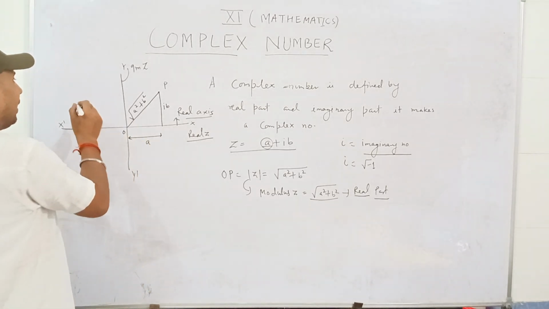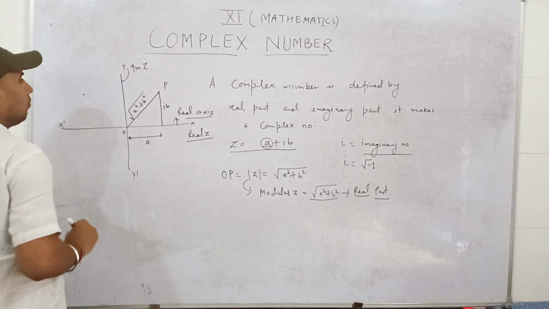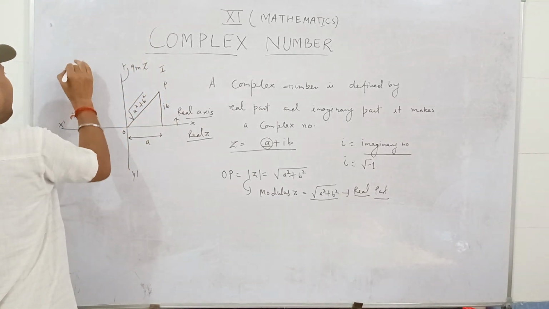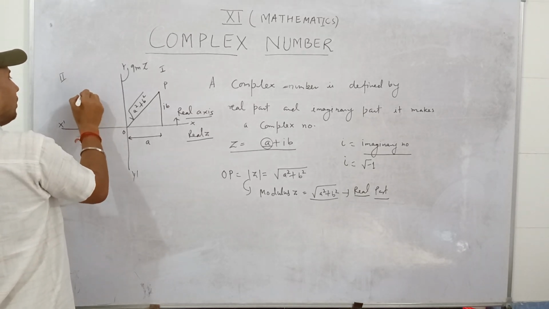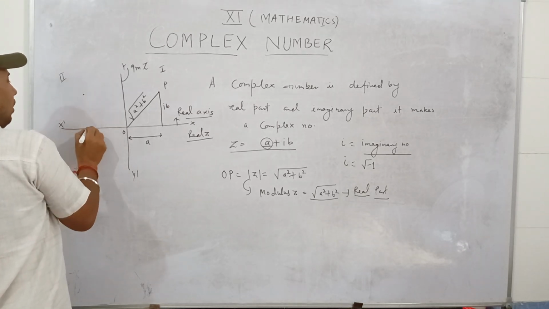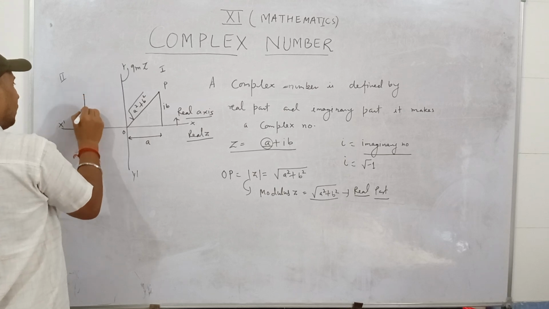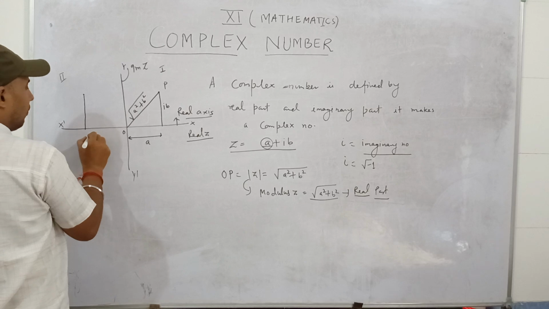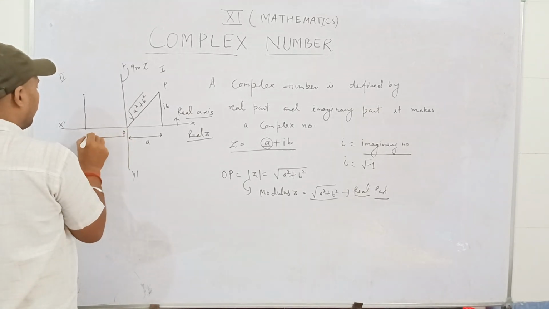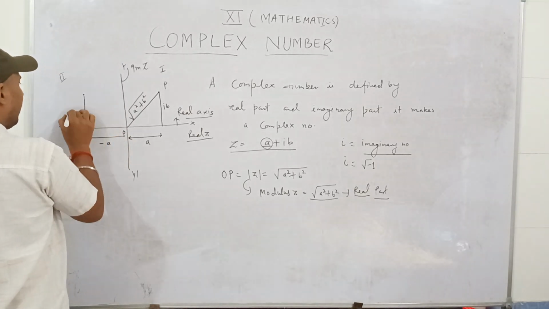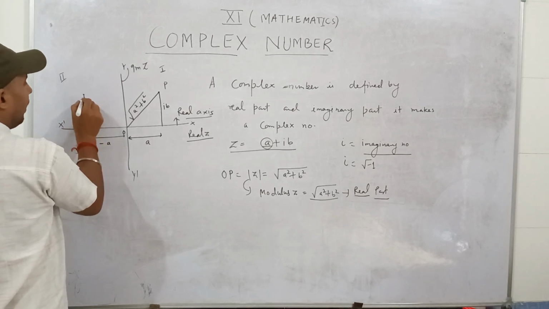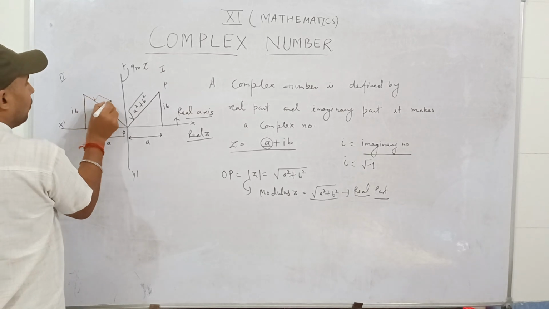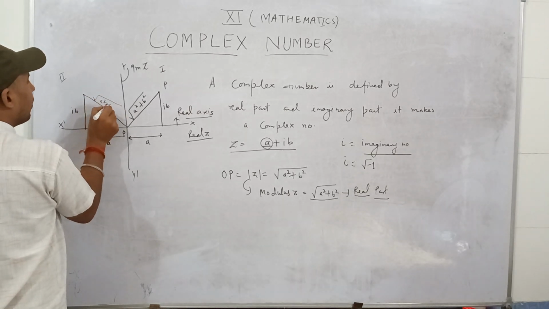Suppose that another point is here. This is the first quadrant and this, suppose, is the second quadrant, where there is the point minus a, ib. Again the modulus is under root a square plus b square.